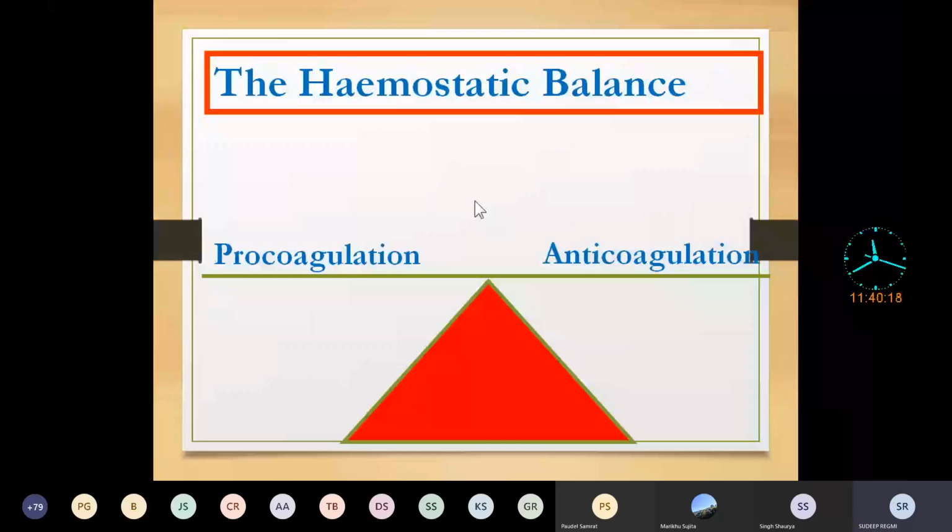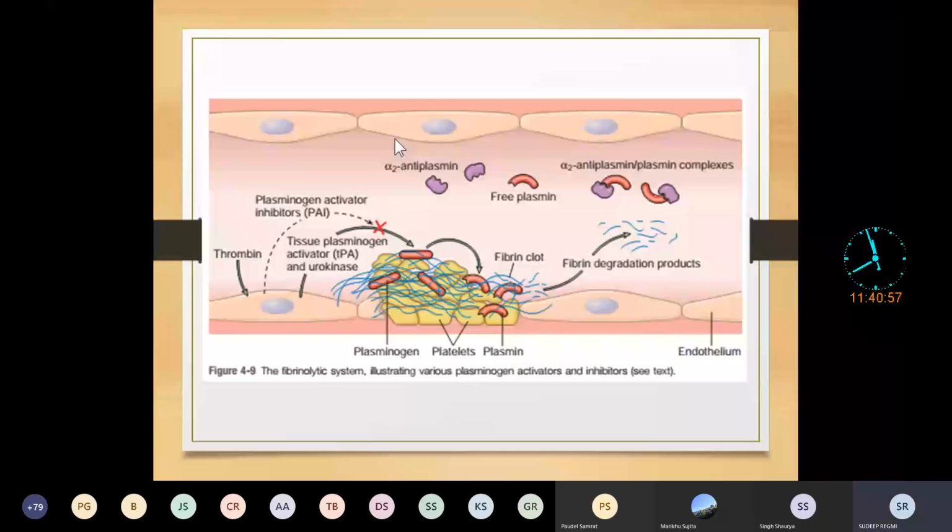Whenever there is a need of anticoagulation, then there should be anticoagulation, and whenever there is a trauma leading to coagulation, then this will shift towards the procoagulant state, and there will be formation of a hemostatic plug, initially primary, then secondary. We have talked about these many things, which is about normal hemostasis, and you should know all these things. This is for this part.